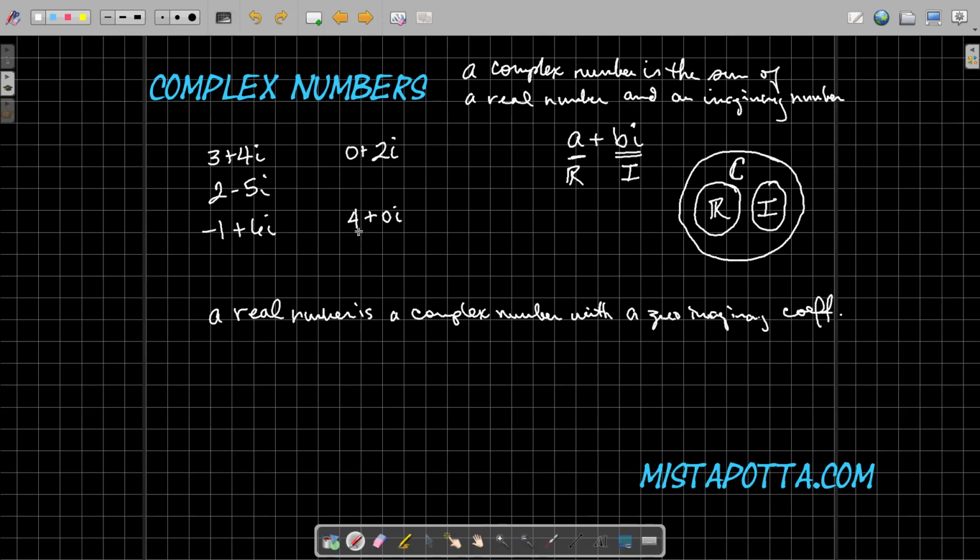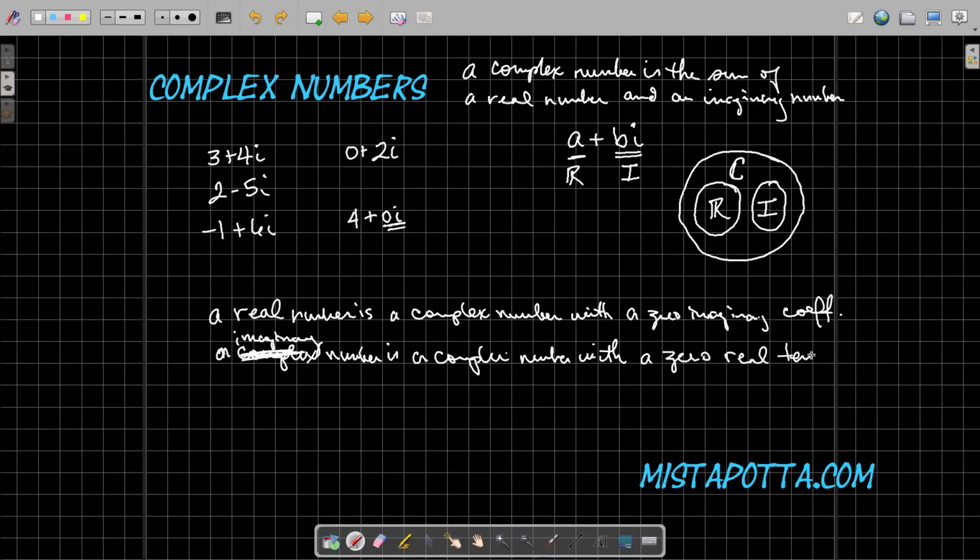In other words, anytime I'm dealing with a real number, this part has to be 0. And an imaginary number is a complex number with a 0 real term.